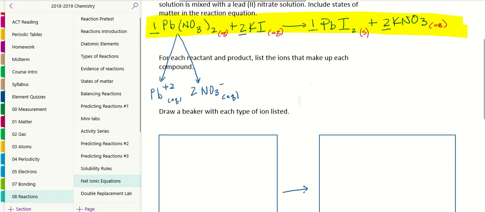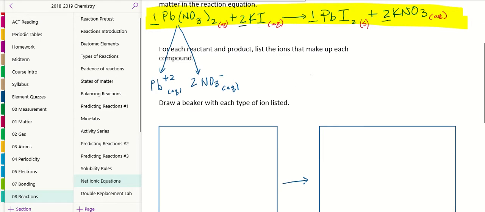So in a container of lead 2 nitrate, all you have is water, Pb plus 2s, and NO3 minuses all floating around in that ratio. For every one Pb plus 2, I have 2 NO3 minuses. They're all floating around in the solution. So you have your water, and then you have all these ions floating around.